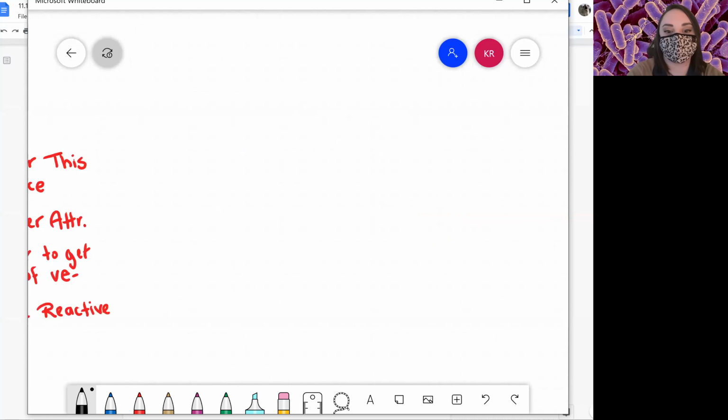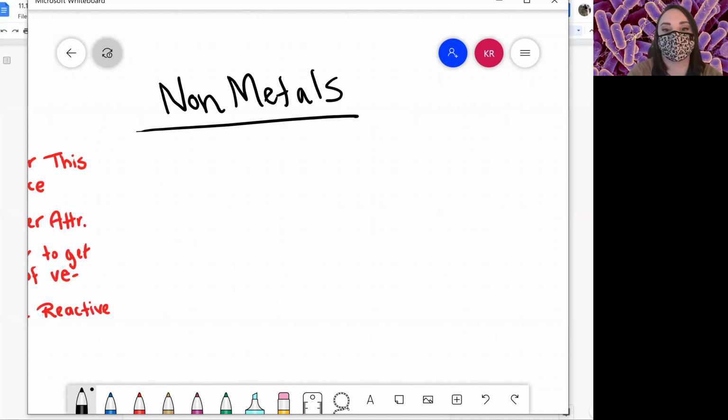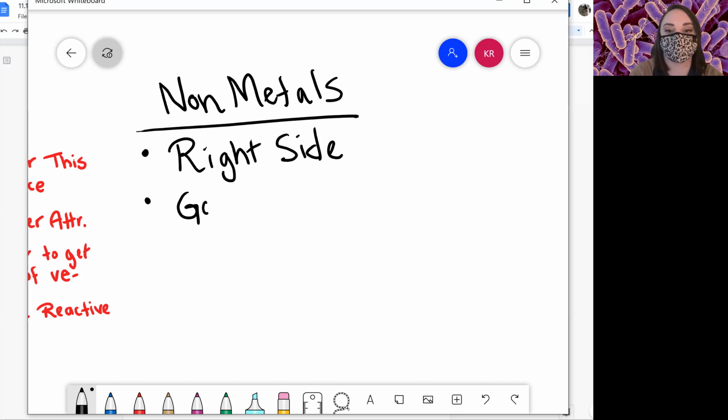All right, so nonmetals. We know that they are on the right side of the periodic table. We know that they have to gain more valence electrons to become stable.